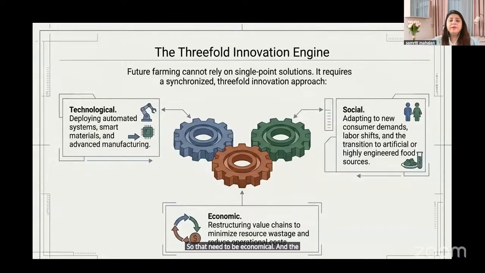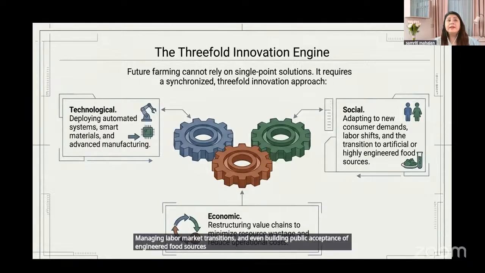And the third is the social. This is often overlooked because adapting to new consumer demands, managing labor market transitions, and even building public acceptance of engineered food sources is as critical as the engineering itself.